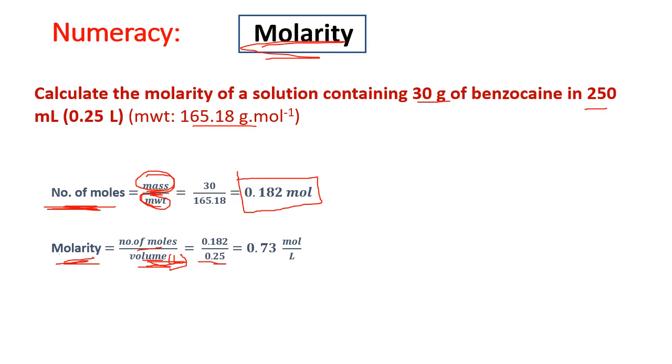So to get the molarity, I take the number of moles calculated over the volume in liters, which gives 0.73. You either write the unit mole per liter or you just write a big M for molar. Please, for the molarity question, you need to know three things by heart: the number of moles rule, mass over the molar mass; the molarity, number of moles over volume in liters; and please take care of the units.